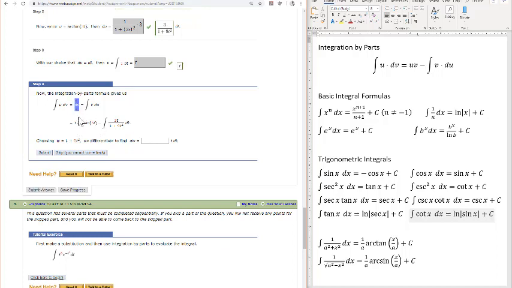We have u times v, so u was equal to the arctan of 3t, v, which is what we just got, is t, minus the integral of v du. So du was 3 divided by 1 plus 3t quantity squared, which is 9t squared, and then v was t.